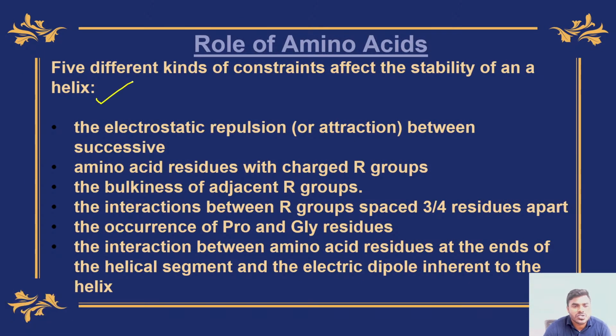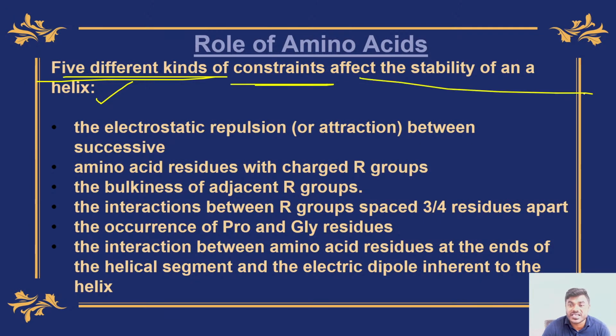These are the most important characteristics every student has to remember. Five different kinds of constraints affect the stability of a helix. Friends, even in a Part B or Part C question, we can expect this in the form of a statement. So I'm requesting all of you to remember these points without fail.